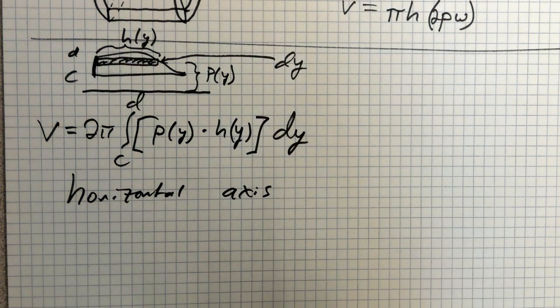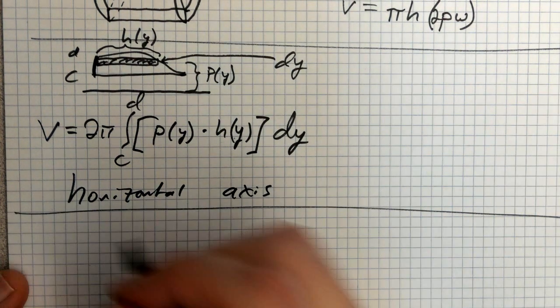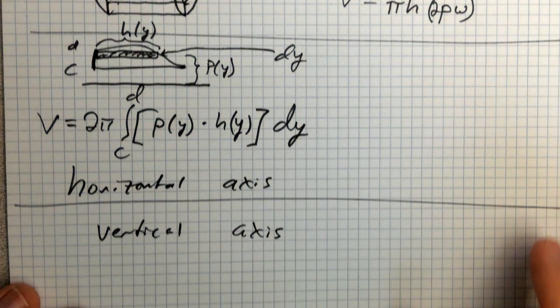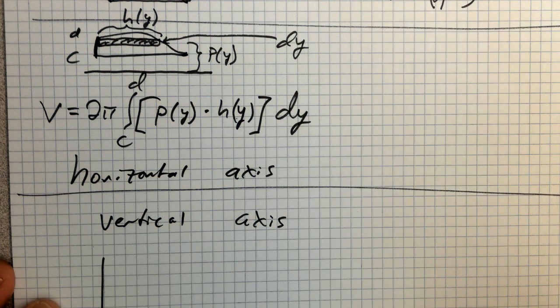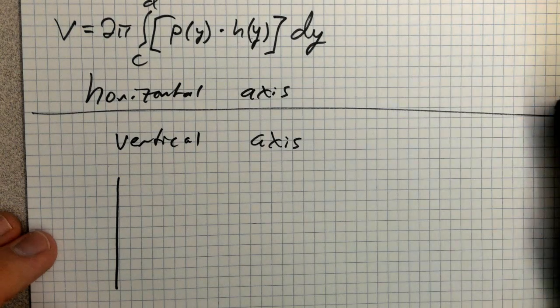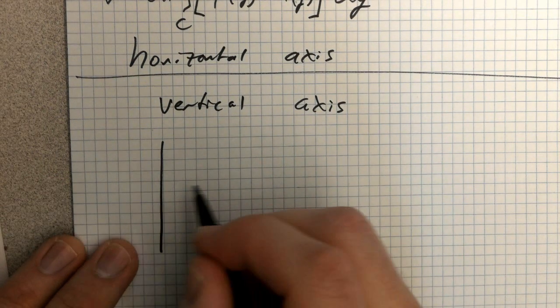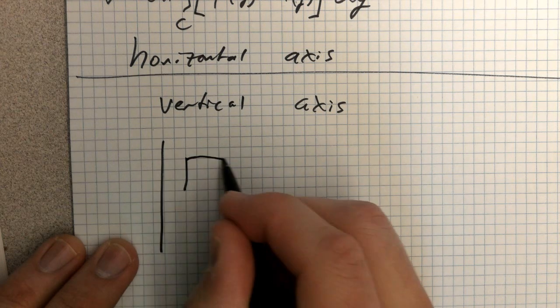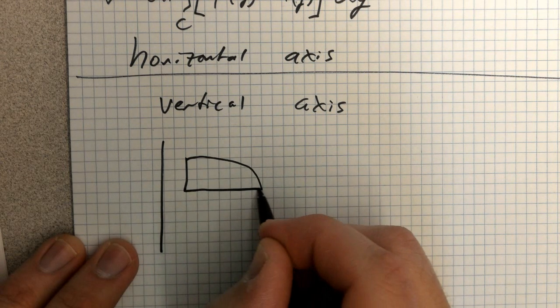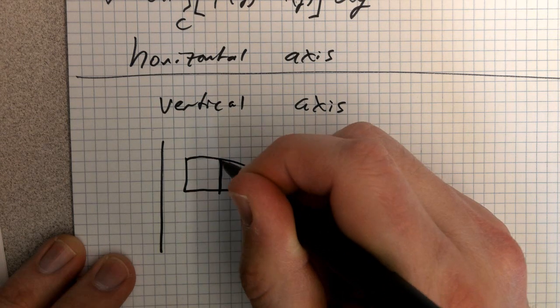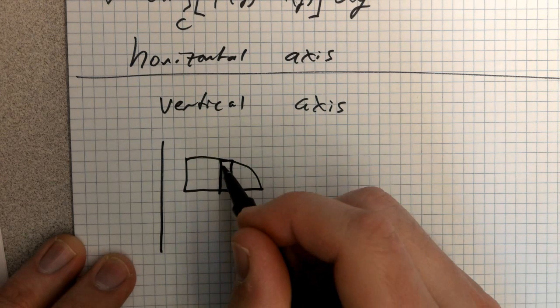For a vertical axis of revolution, this is what we get. We have a vertical axis of revolution, and then just some arbitrary region here. Remember that the rectangle is going to be parallel to the axis of revolution.